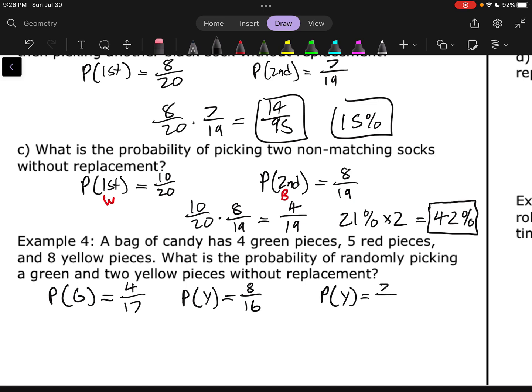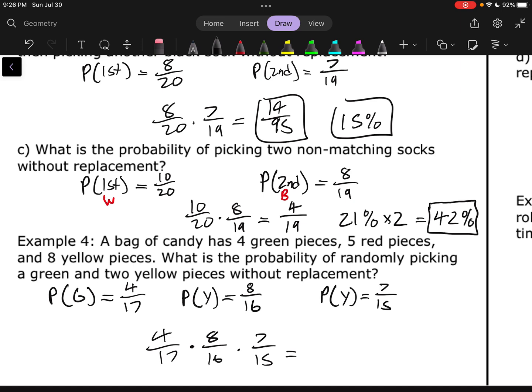And how many total pieces of candy are in that bag now? Well, I've taken 2 out, so now I'm down to 15. So this is 4 out of 17 times 8 out of 16 times 7 out of 15.